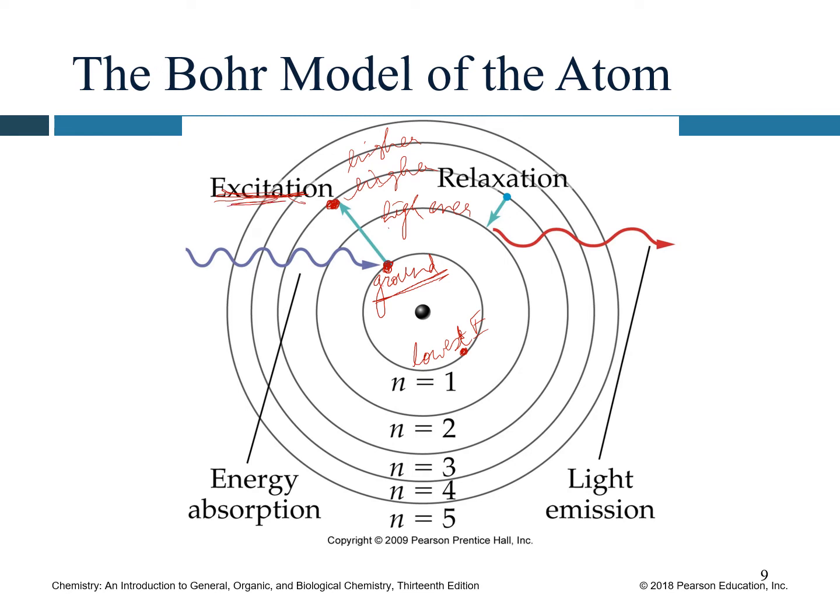But at some point, after a little bit of time has passed, this energy will be released and the electron will have to come back to its ground state. When the electron comes back from the higher energy state to a lower energy state, the energy difference between these two states is released, usually in the form of light emission, and that is the color that we can visually see in the atomic spectra.